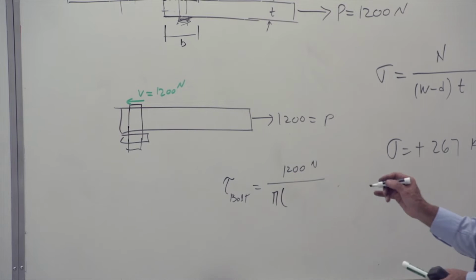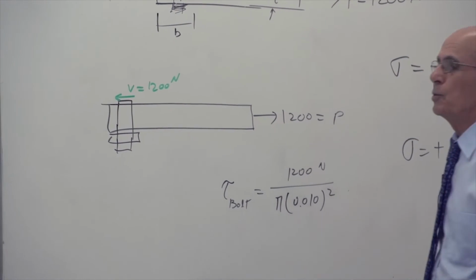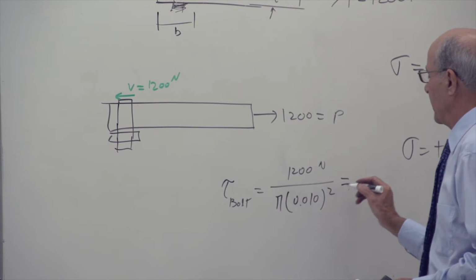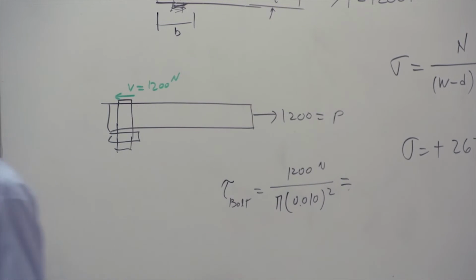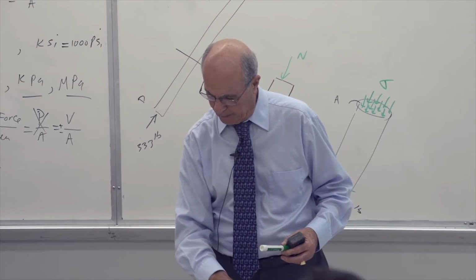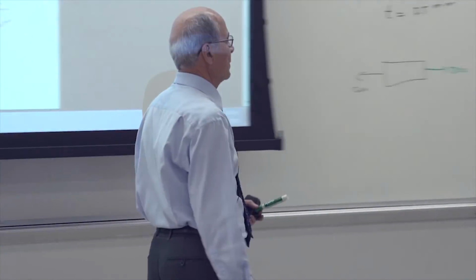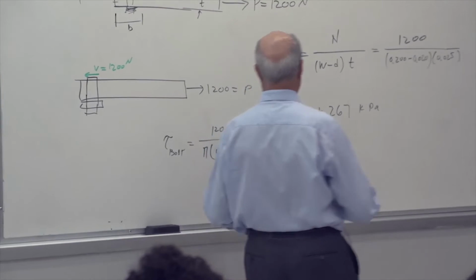Radius is 0.010 to the power of 2 in meter format. And if you calculate that one, the calculation ends up to be 3.82, I believe, 3.82 megapascal. Because this is a much smaller number.